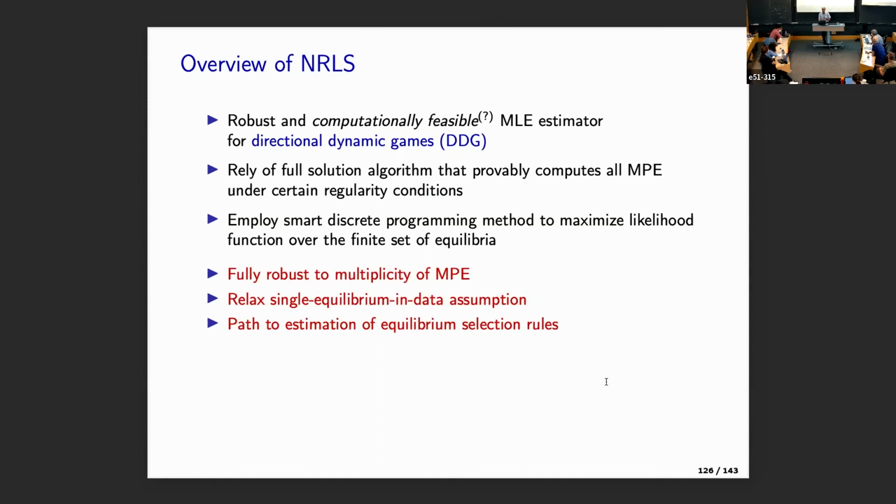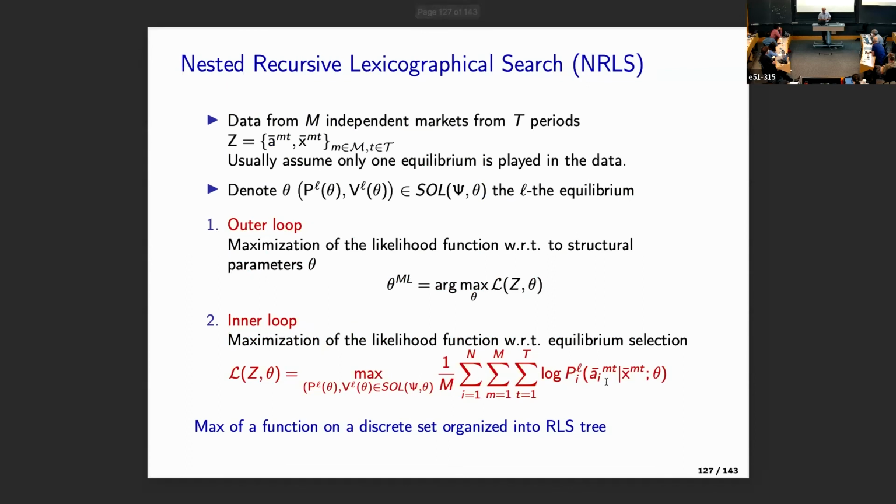So the idea that we have is to construct a nested estimator from the full solution approach. So this can be called nested RLS, right? With the idea being that if you have data from M independent markets and time periods on actions and states, you can maximize over the space of parameters the likelihood function, but then this is the key.